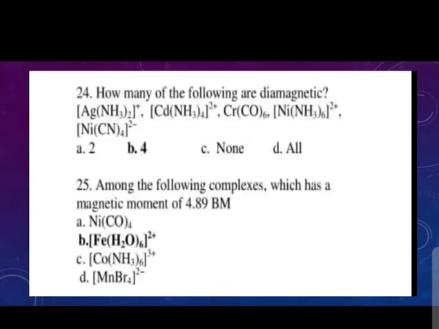Moving to our next question. How many of the following are diamagnetic? So we have to choose how many of them are diamagnetic.